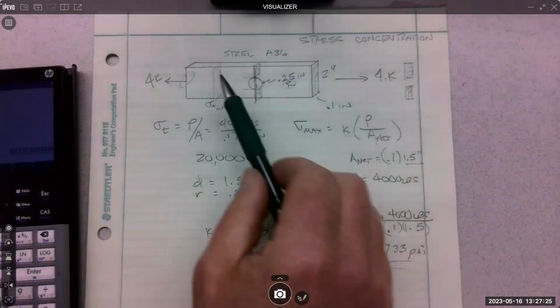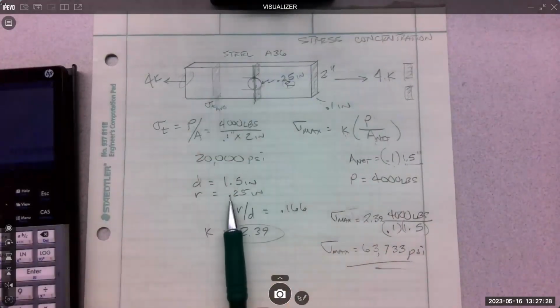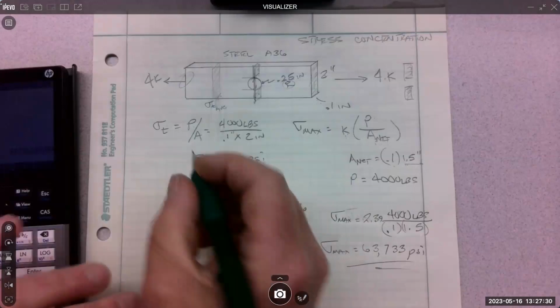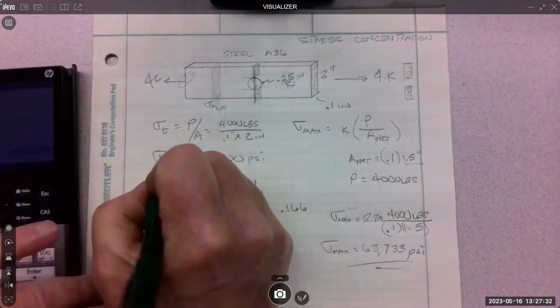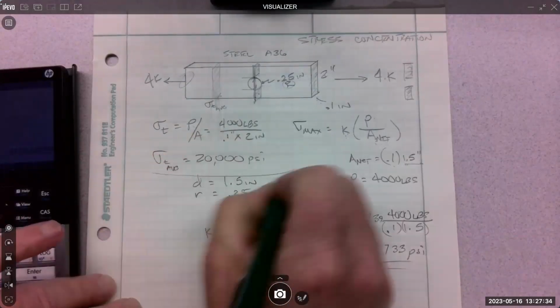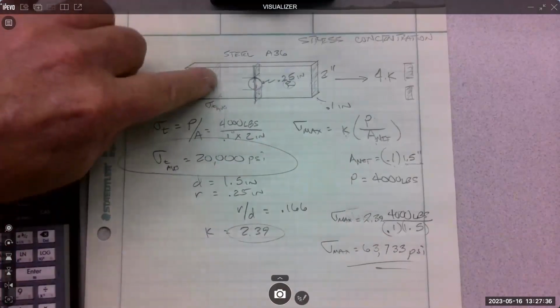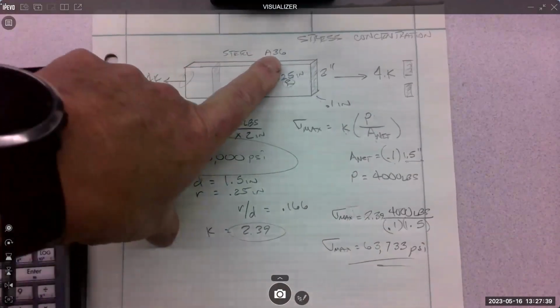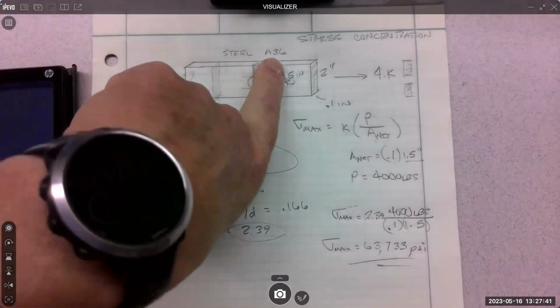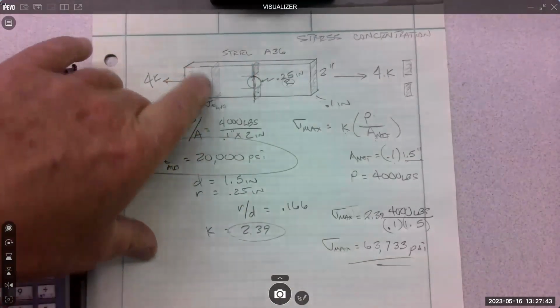So average stress out here, we calculated at what, 20,000? Right? Yeah, so that's out here. And what's our yield? 36,000. So we're good on the average stress out here.